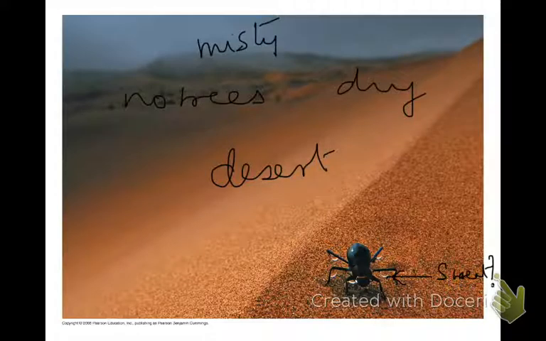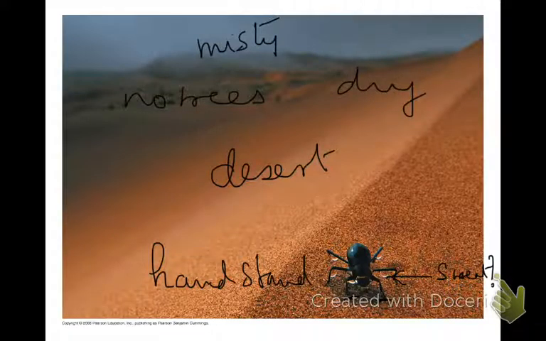But none of them are clearly able to see that this beetle is actually doing a handstand. A handstand. Okay.